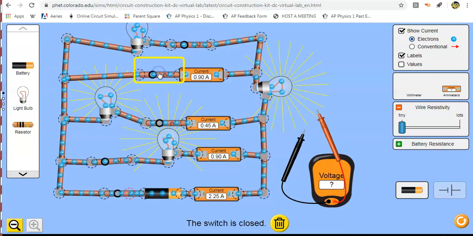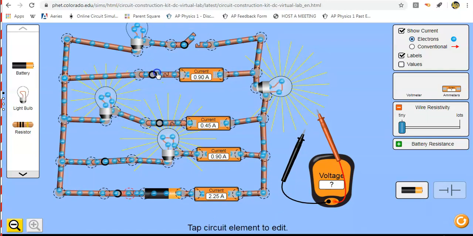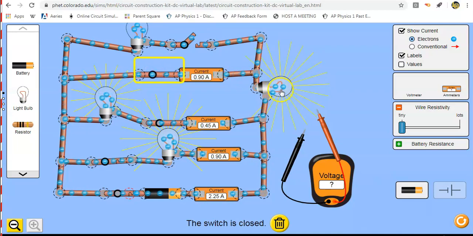If I go like this, they're not in series. In fact, this one turns off. I could pretty much just cut it out of the circuit. And then if I get rid of this, and these guys, now this one is in parallel with these two, even though the wires are not parallel lines.